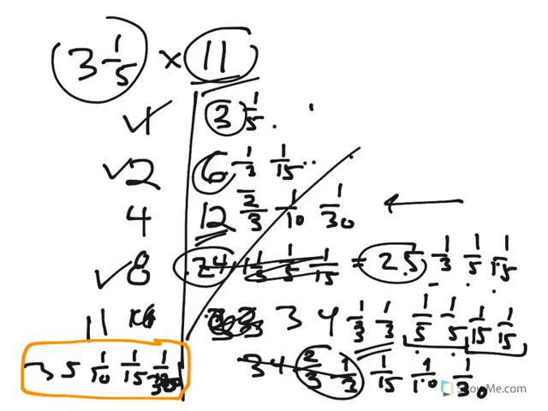Although, just so you know, the Egyptians were really aware that 1/2 plus 1/3 plus 1/6 was equal to 1. That was a thing that they were really good at knowing.